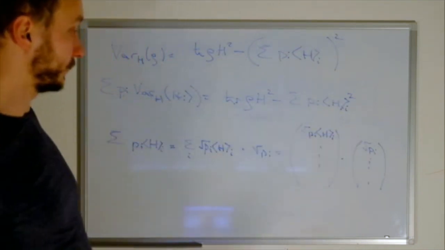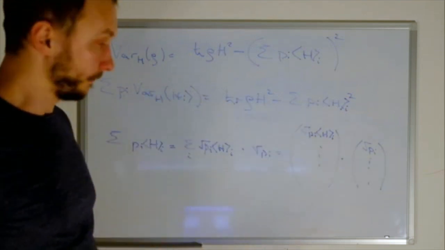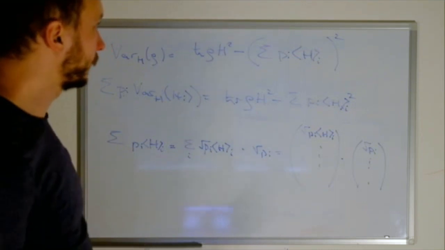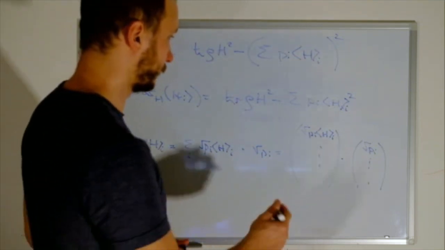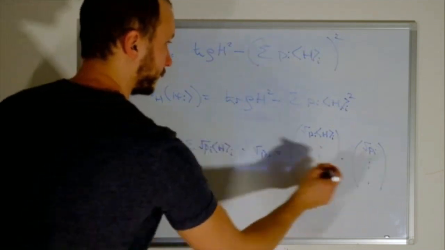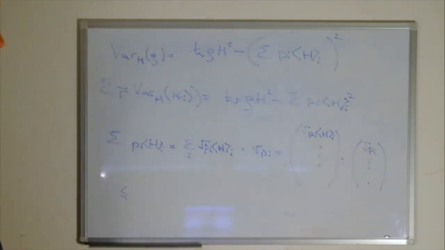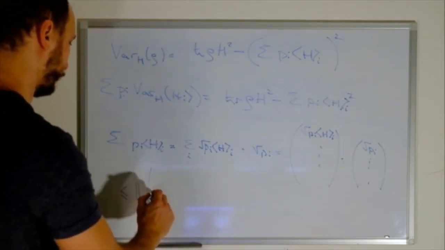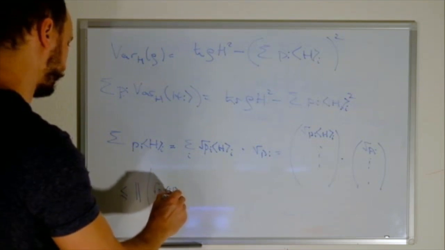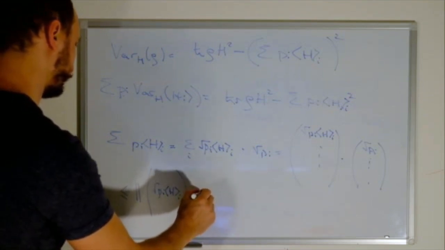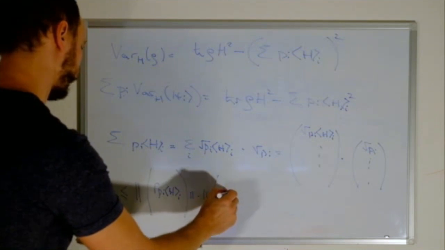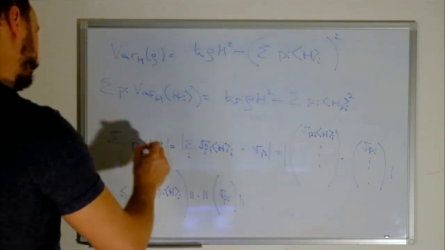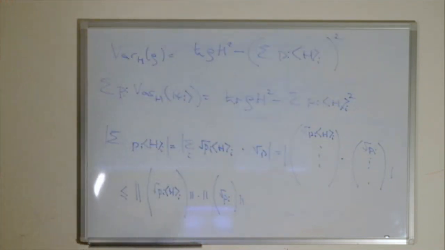Now we know by the Cauchy-Schwarz inequality that this overlap of two vectors is bounded by, so the scalar product of the vectors is always smaller or equal than the norm of the vectors. So this is smaller or equal than the norm of the first vector with elements root p_i h_i, and the norm of the other vector with elements root of p_i. Of course, let's take the absolute value everywhere, because you see here we have a square, so we're allowed to do so.